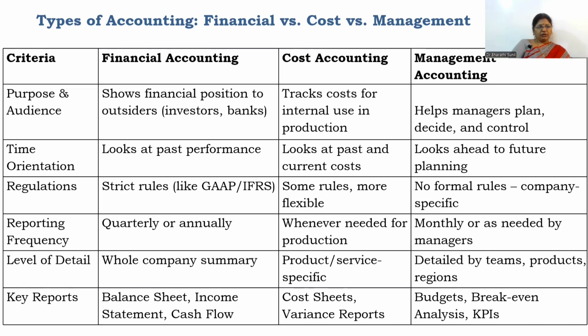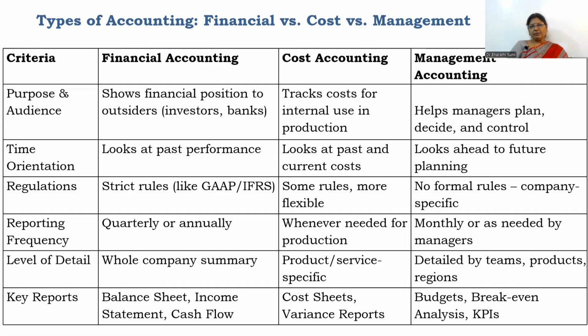Key reports. What are the reports covered under financial accounting? Balance sheet, income statement, and cash flow statement. In cost accounting, we prepare cost sheets and variance reports. In management accounting, we prepare budgets. Budgets can be flexible or fixed budgets.